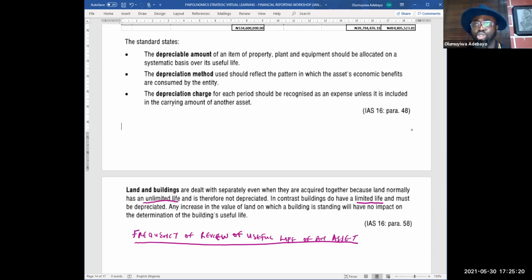If you know those values, you now use them as a basis of apportioning the property cost into land and building components. The land component, because it has unlimited life, will not be depreciated. The building component, because it has limited life, will be depreciated. Does that make sense?